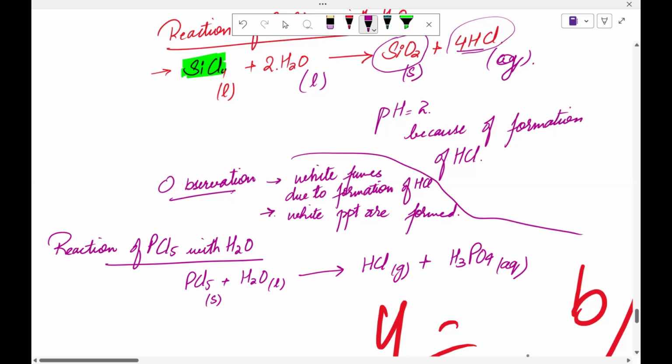So white steamy fumes are formed, due to HCl. Is that clear? Okay, kindly note it down, please.